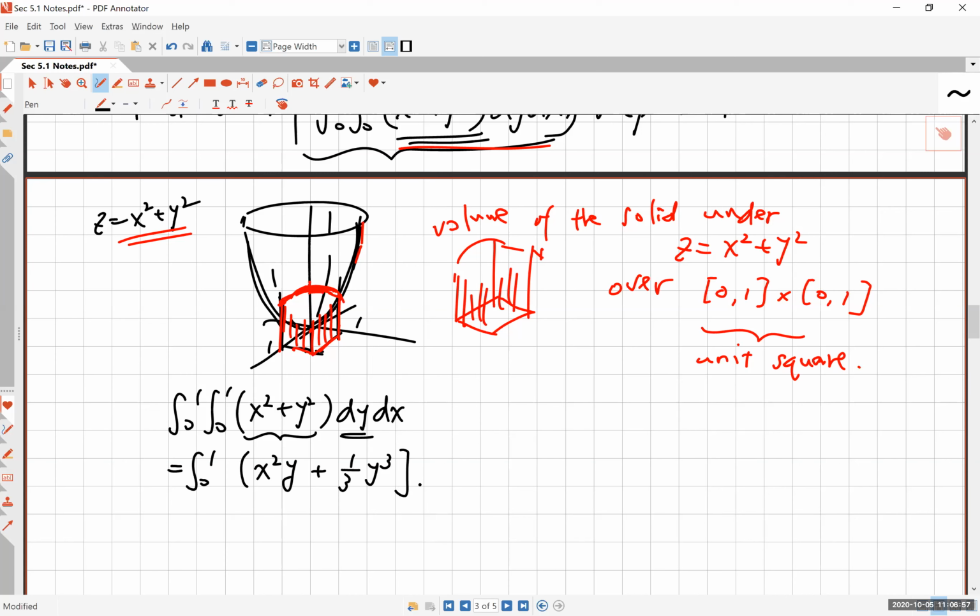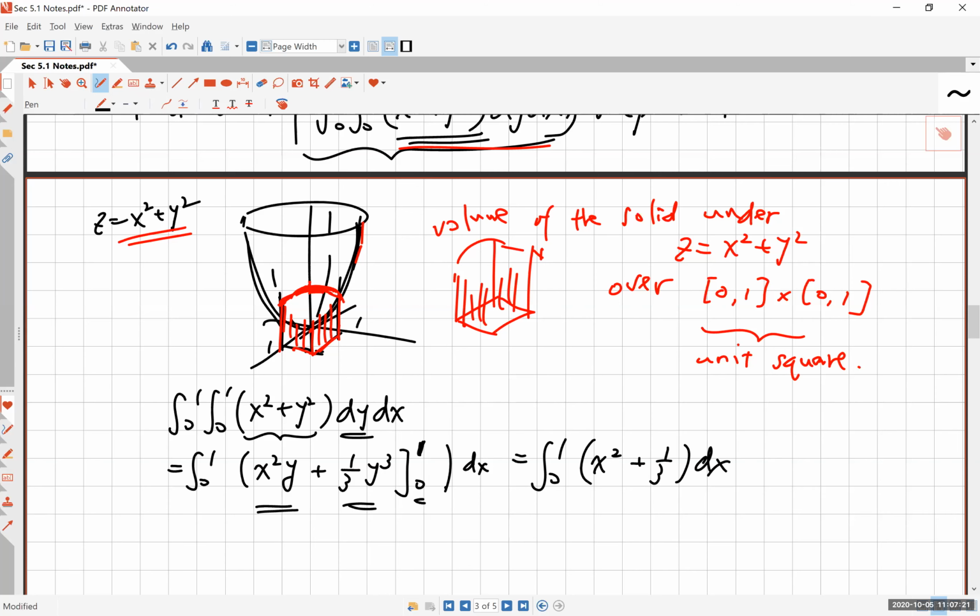And then you integrate this from 0 to 1. Now, y is going from 0 to 1. X will remain the same, right? So this becomes x squared plus 1/3. Did you get that? Because when you plug in y is equal to 1, then this becomes 1/3, this becomes x squared.